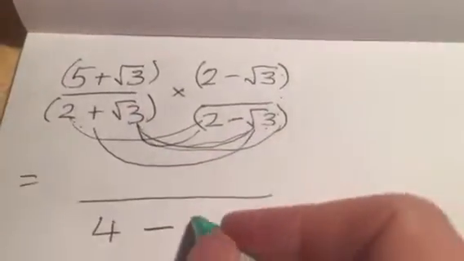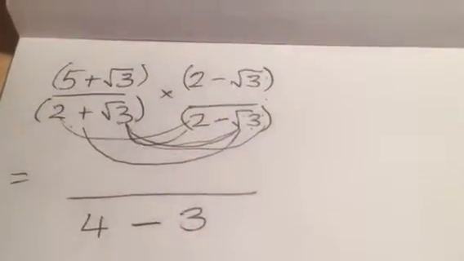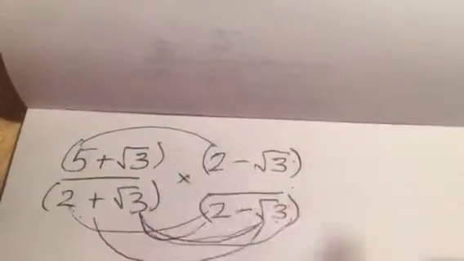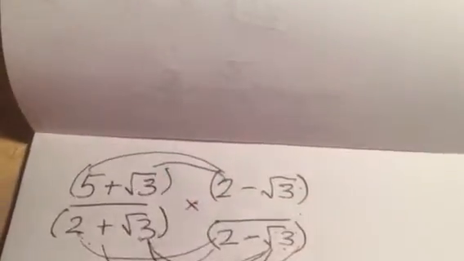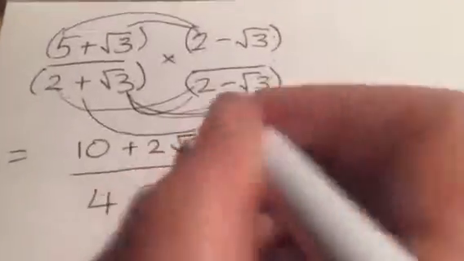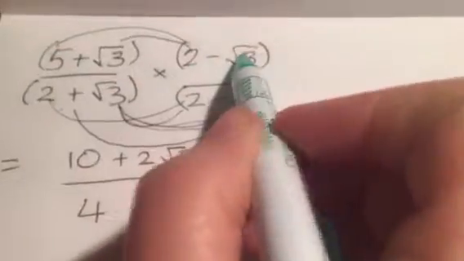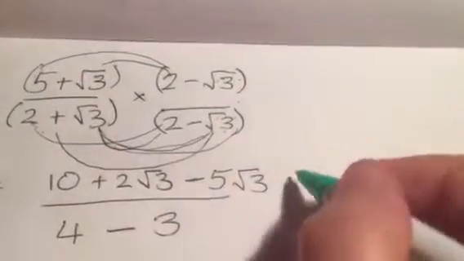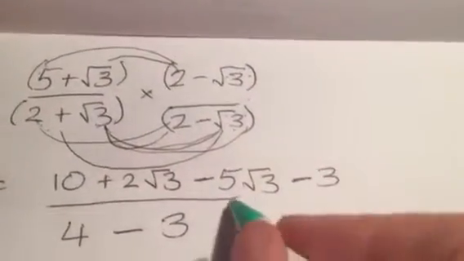Root 3 times root 3 just gives me 3. On the numerator, I'll have all 4 terms. So I've got 5 times 2 is 10. 5 times minus root 3 is minus 5 root 3. 2 times root 3 is 2 root 3. And finally plus root 3 times minus root 3, which gives me minus 3.